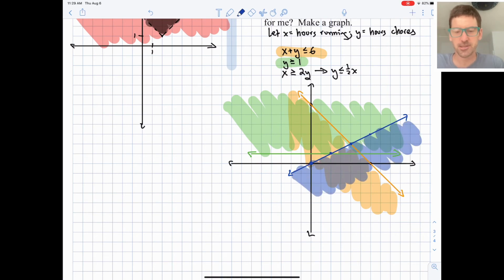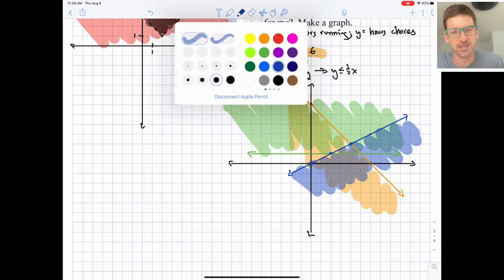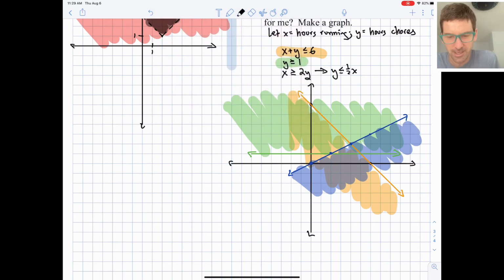So can you see our region of success, our answer region? It's this zone right in there, that little triangle, where we're allowed to be this weekend in terms of making sure all our requirements around chores, hours, and running are met.